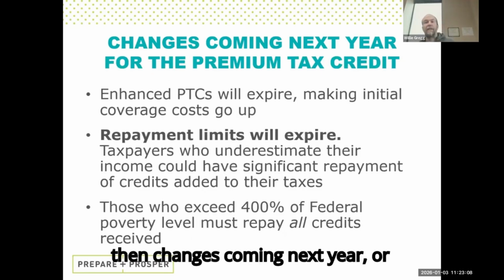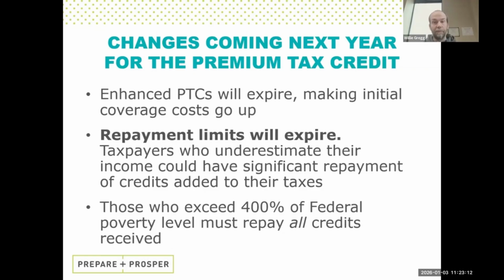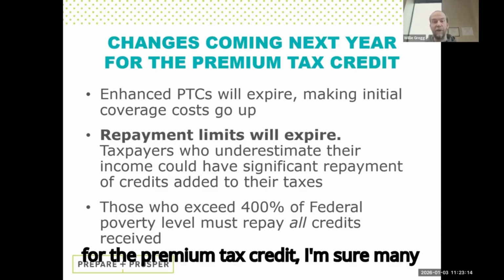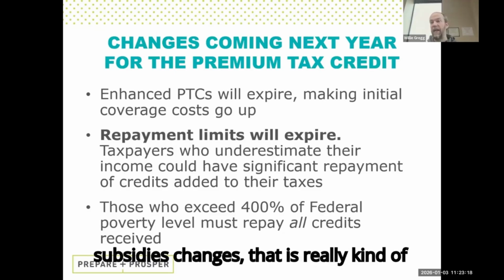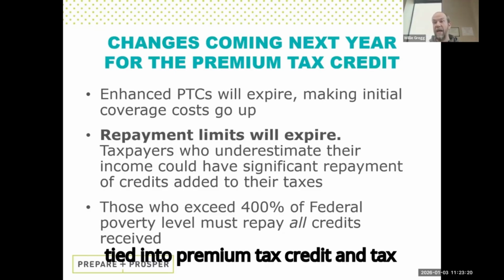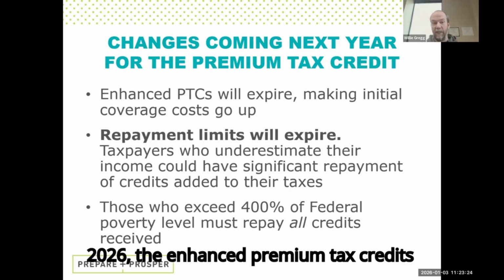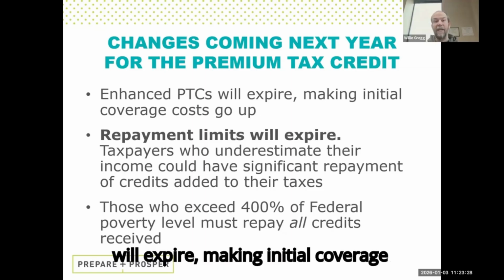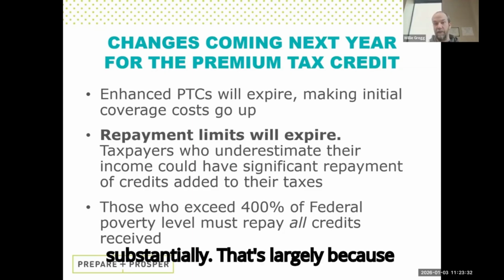And then changes coming next year, or basically right now, for the premium tax credit. I'm sure many of you have heard about healthcare subsidy changes that are really tied into the premium tax credit and tax credits. So as of 2026, the enhanced premium tax credits will expire, making initial coverage costs go up, sometimes substantially.